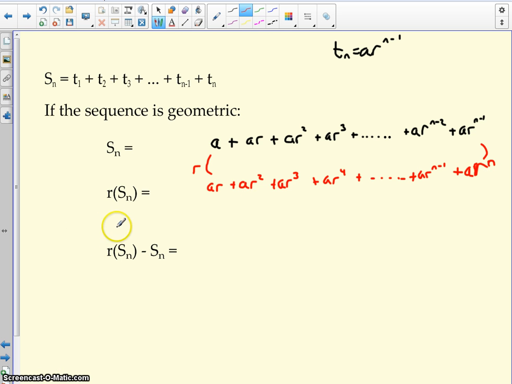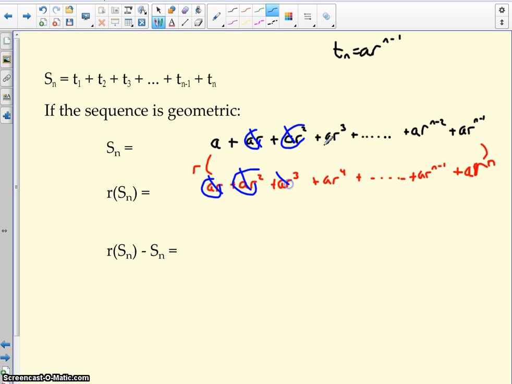Okay, and finally from there, it seems like I'm just sort of doing things randomly, but I'm going to lead somewhere with this. I'm going to take the second line here and subtract the first line. Okay, second line minus first line. So anything that's a like term is going to be subtracted, so it's going to be canceled away. So here, for example, when I subtract, I'm going to have ar minus ar, so those are going to cancel. I'm going to have ar squared minus ar squared. Again, those are going to cancel.